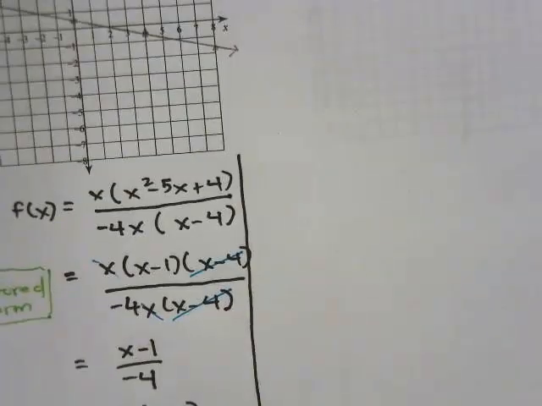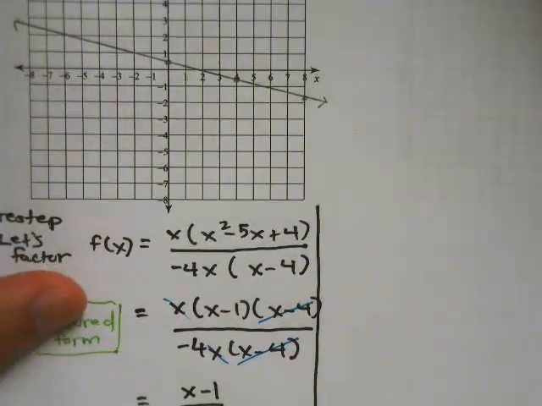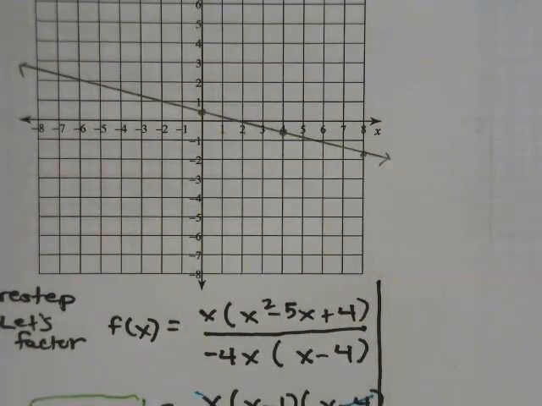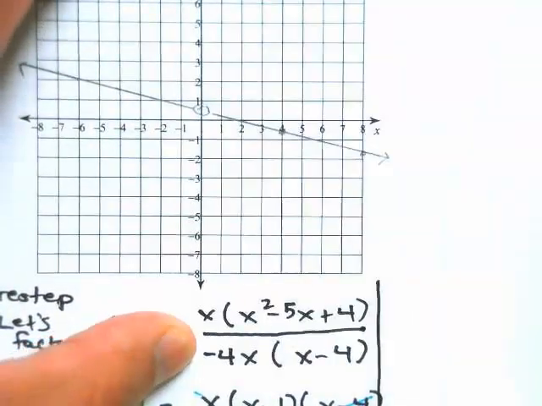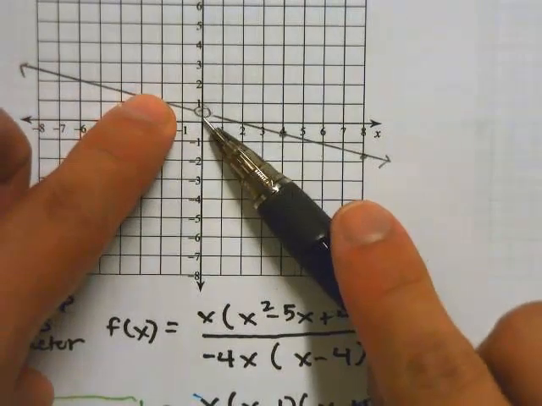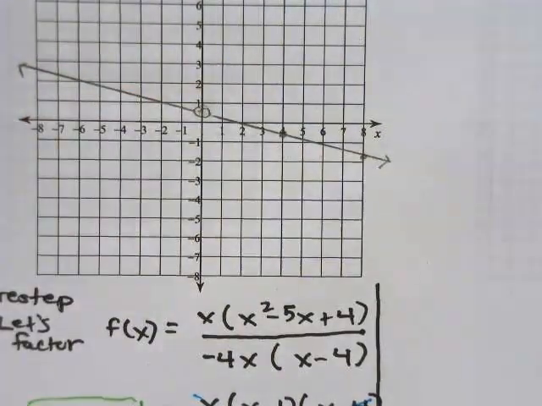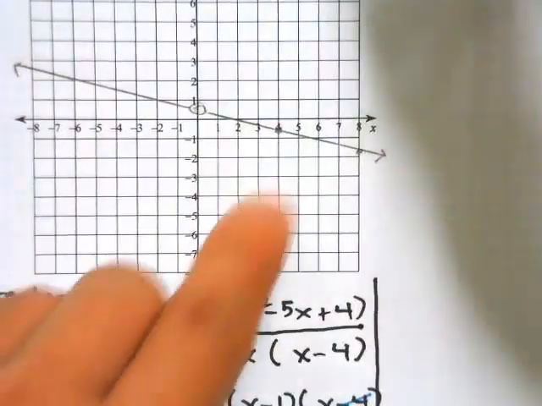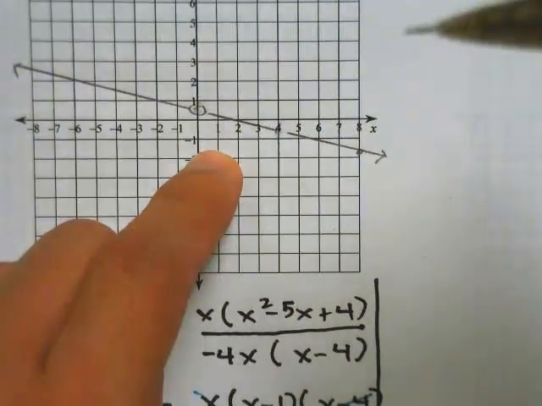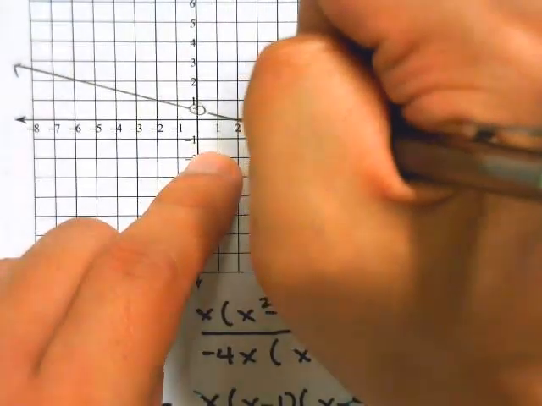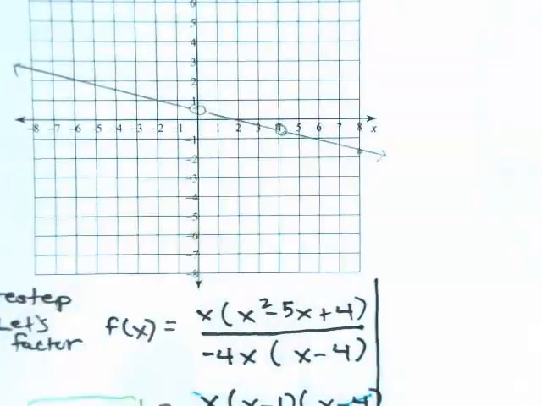At x equals 0 and x equals 4, there's a reason why I did this in pencil. We're just going to make a hole over here. So now it's discontinuous at x equals 0. And we're also going to make a hole at x equals 4. There's a discontinuity, or it's discontinuous at x equals 4.